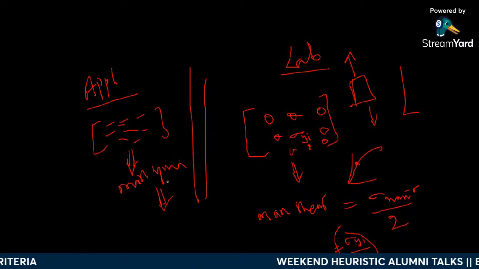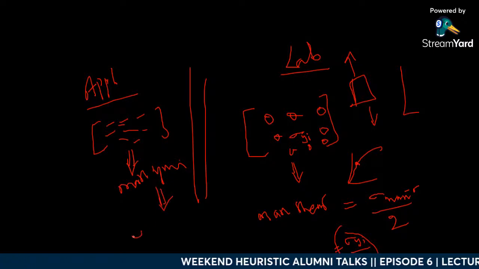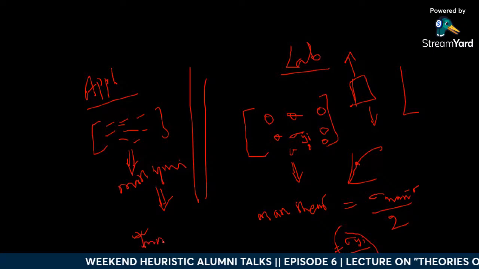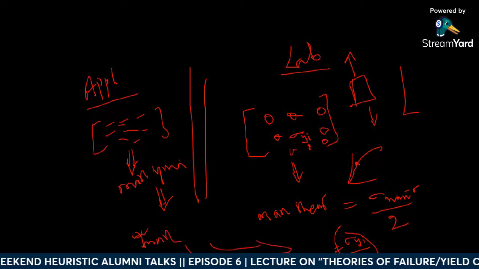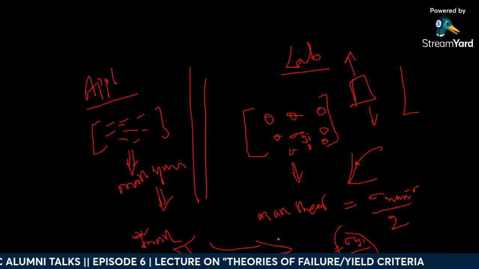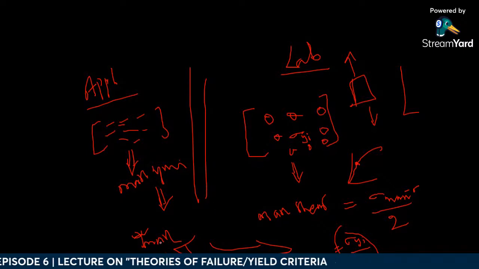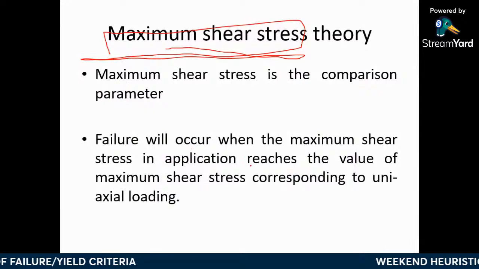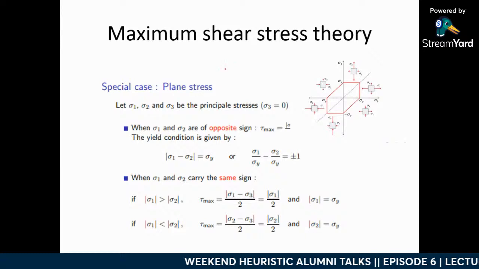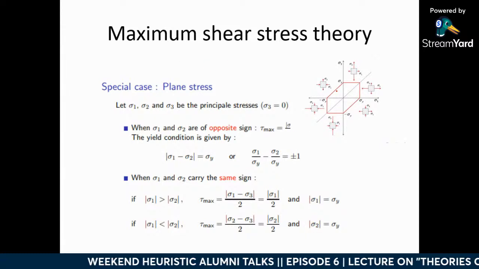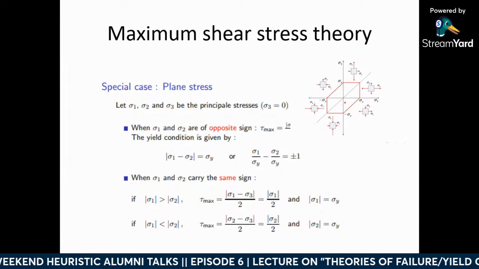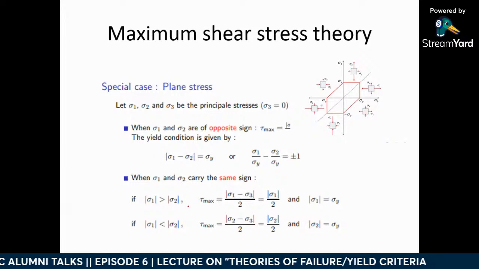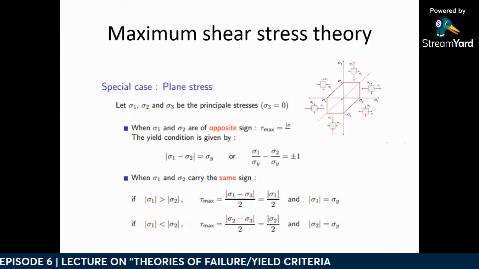Once he knows these two values, he can calculate the maximum shear and compare it with the result you have given. That's it. Is this clear? Only the parameter gets changed. So this is the maximum shear stress theory. Again, these are some equations to find the safe region. The only thing is you need to calculate the maximum shear, that's it.